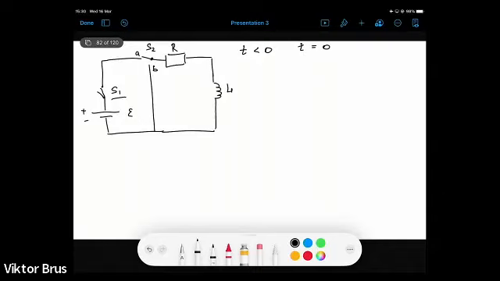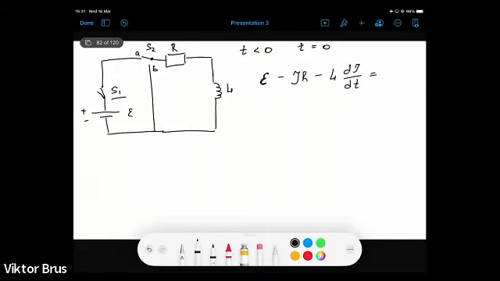Then we can write that epsilon, the electromotive force of the battery, minus the voltage drop over the resistor, which is current times R, plus we also need to subtract the voltage drop over our inductor, which is proportional to inductance, as we wrote previously, and the first derivative of electric current over time.